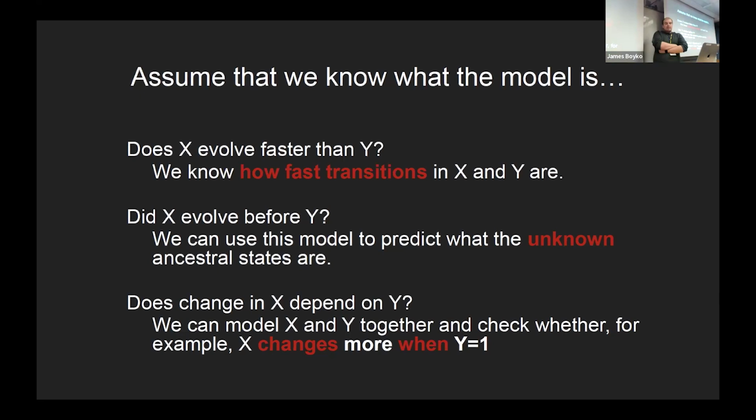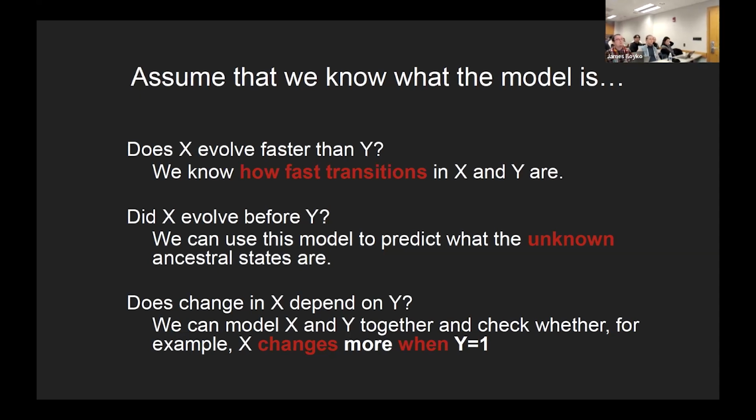So let's make the assumption that we know what the parameters of the Q model are. We can now answer: does X evolve faster than Y? Well, how fast are the transitions in X and how fast are they in Y? Did X evolve before Y? Well, we use the model to predict the unknown ancestral states, and we can now answer the way that evolution has progressed.